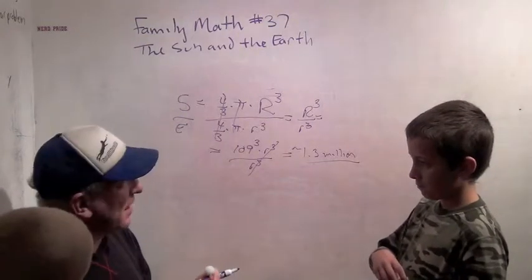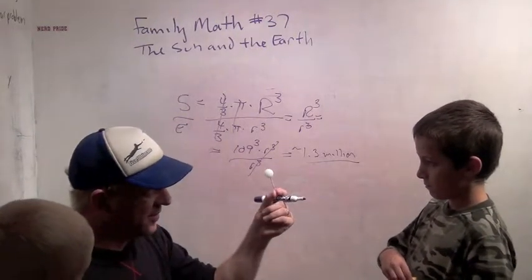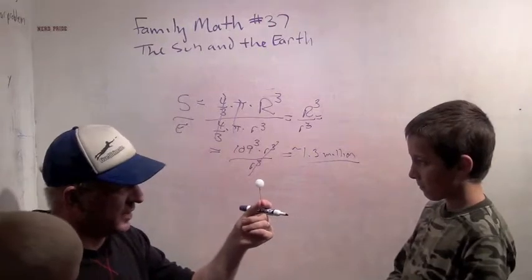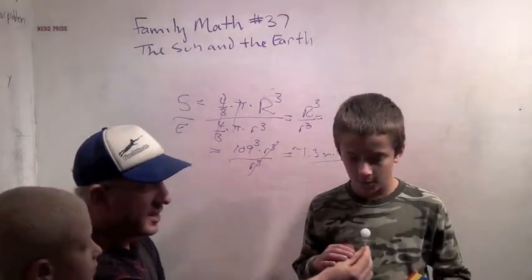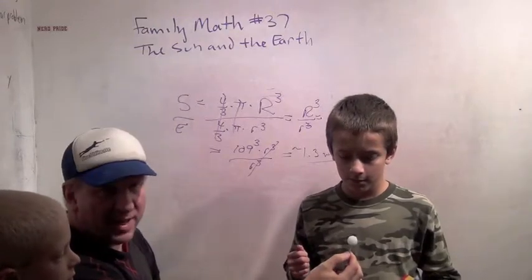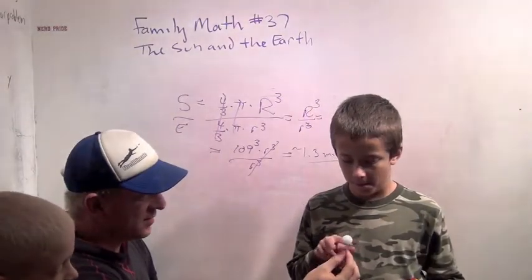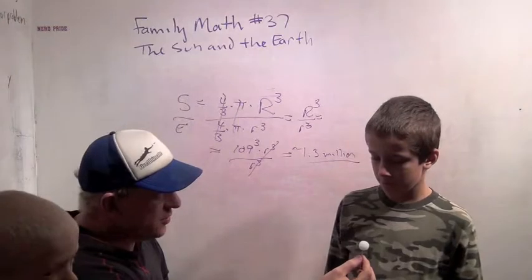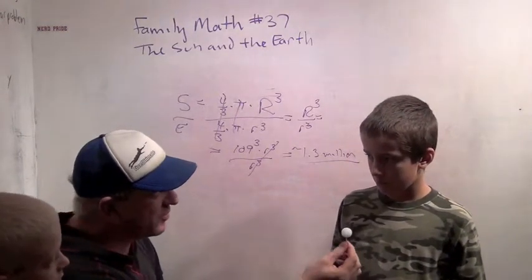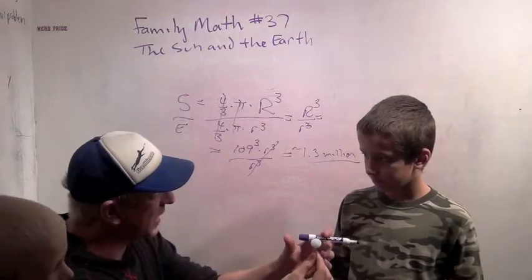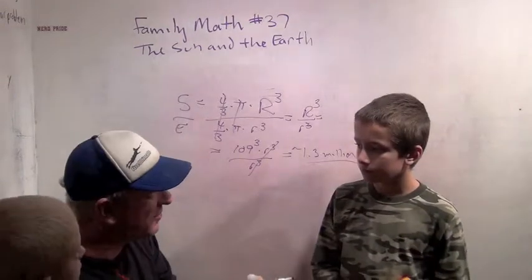Now, I have a little model here. Actually, come face the camera so it's not up against a whiteboard. Here's a little 1-inch diameter styrofoam ball, and we're going to show you about how big the Earth is compared to the Sun. We need something that's 109 times longer, or 109 inches, which turns out to be about 9 feet.